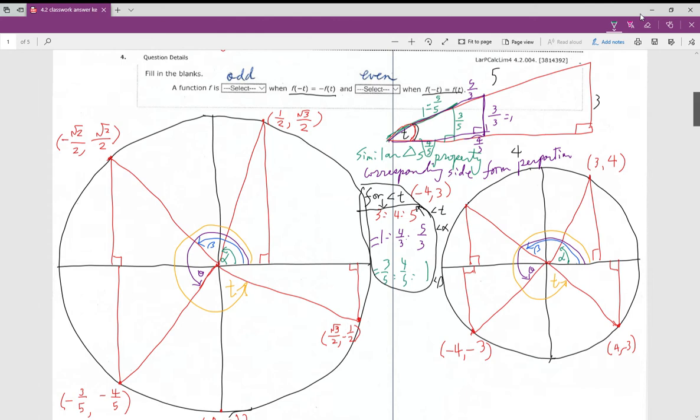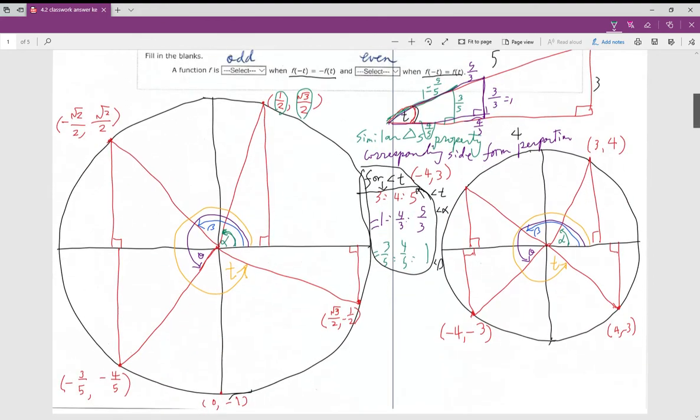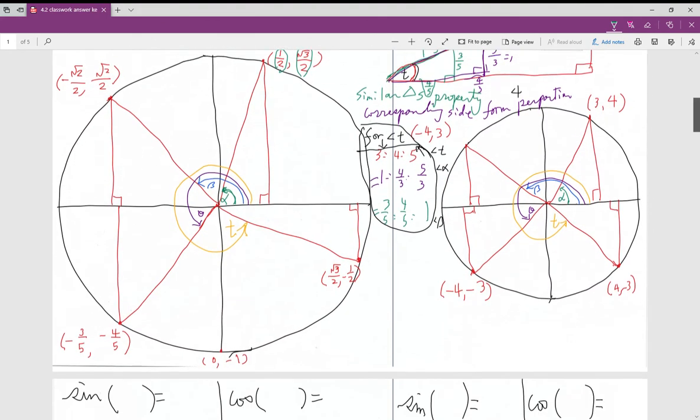If we have an angle alpha, this angle alpha will be positive because we go up to the terminal side. And then I also give you the x value and the y value. Also, I give you some hint, which didn't show here.